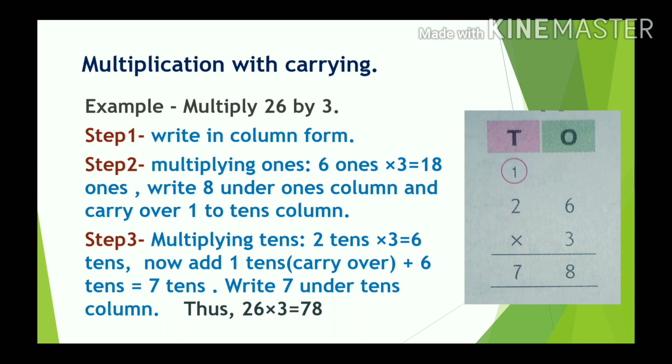Again we have multiplied 2 into 3, and what do we get after multiplying 2 into 3? 2 into 3 is 6. Yes, now we have to add the carry one with 6. So we get 7, which we write under the tens column. So the final answer is 78.